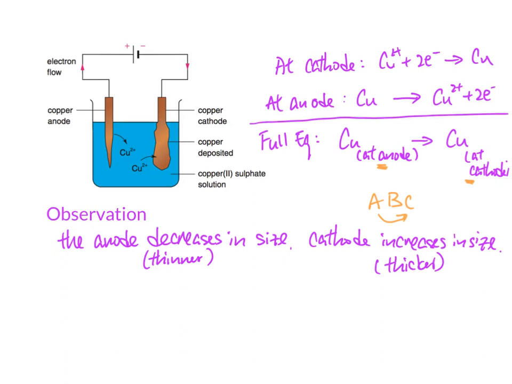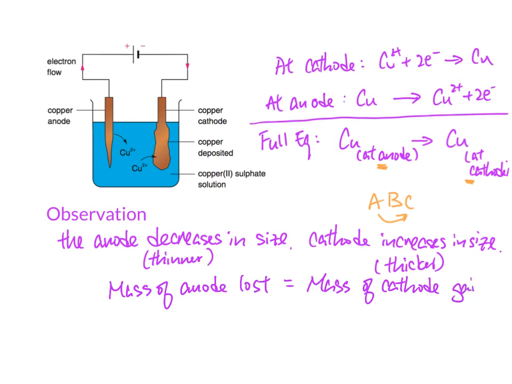One thing is, if you refer to the equation, one Cu atom at the anode will become one Cu at the cathode. That means it is a 1-to-1 ratio. So we will say that the mass of anode lost equals the mass of cathode gained. This is one very important observation that you can state.